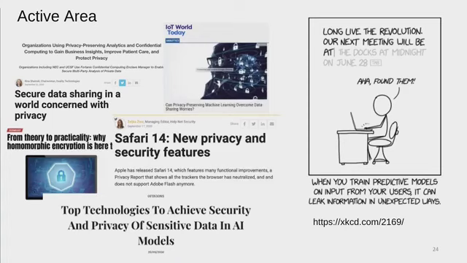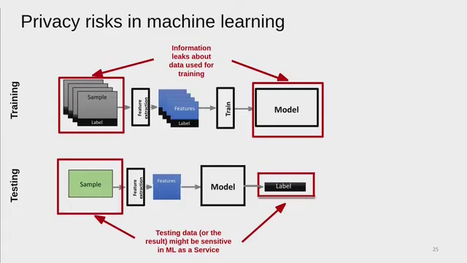There is, as I said, an active research area that tries to limit the amount of exposure, learning from past failures where this hasn't really worked out in practice. If you look at the privacy risks in machine learning, this can happen during training and during testing.